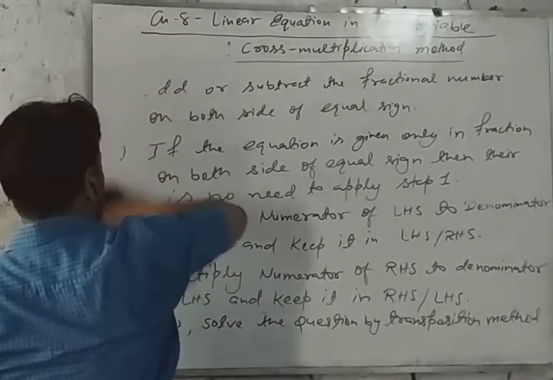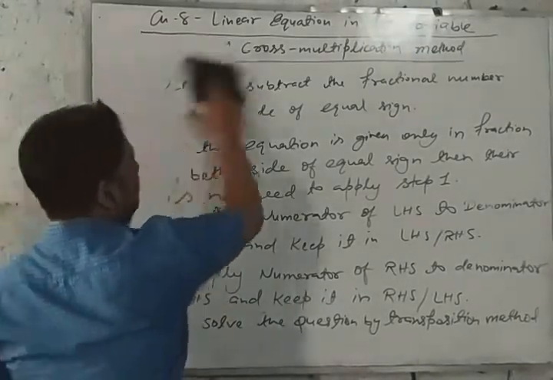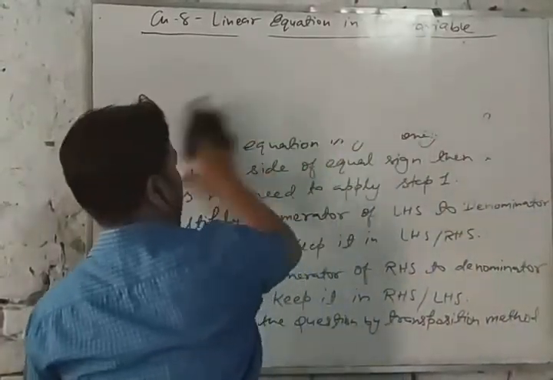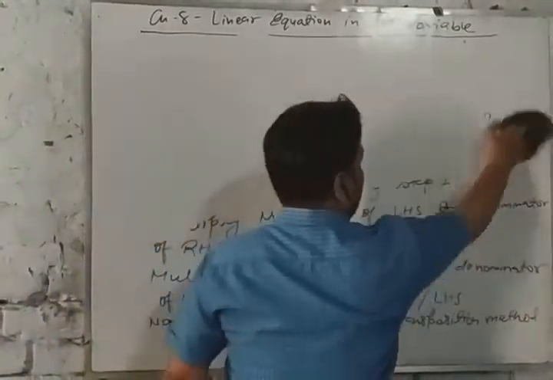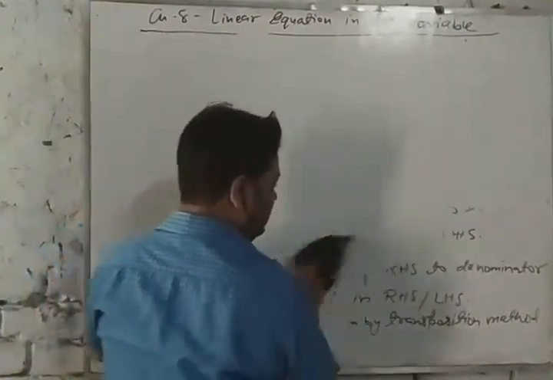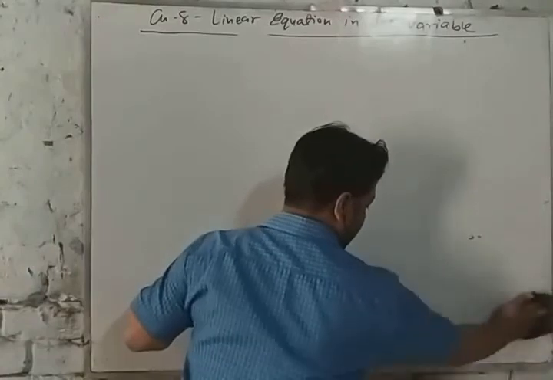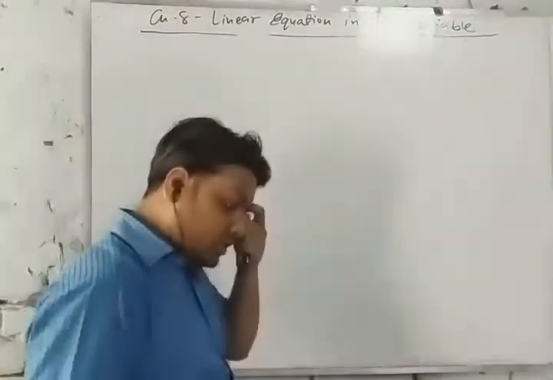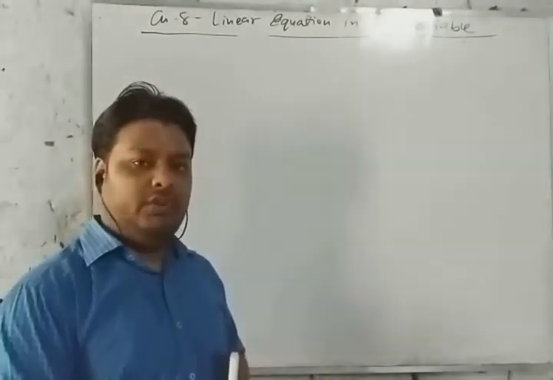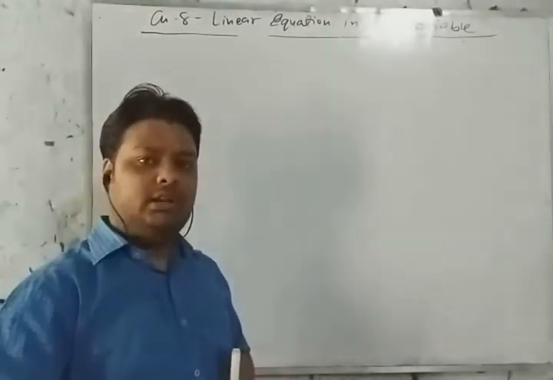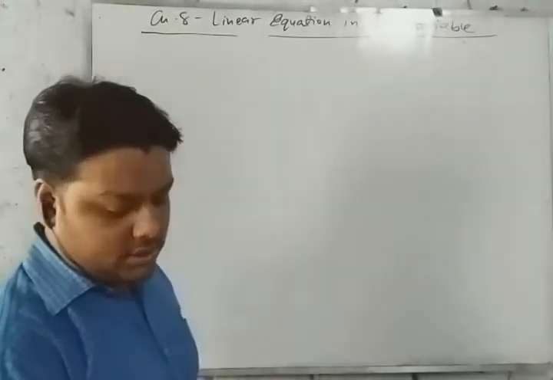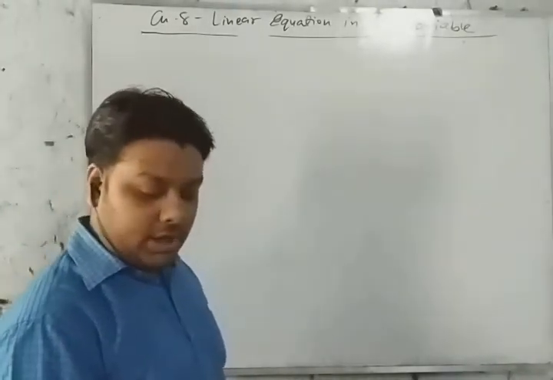Now let's see what precautions we have to take while solving any question by the transposition method or cross multiplication method. If you use these precautions while solving, then you will never get a wrong answer. You will always get the right answer. Okay, so let's write some steps.